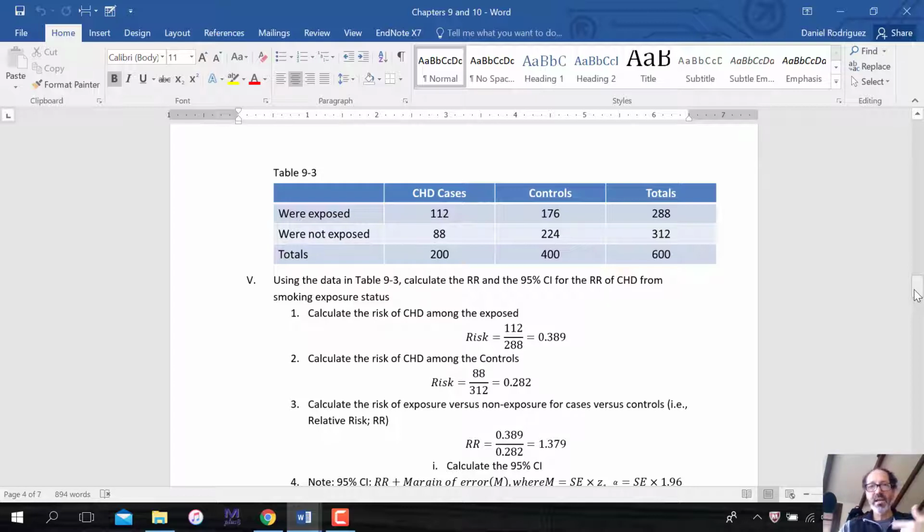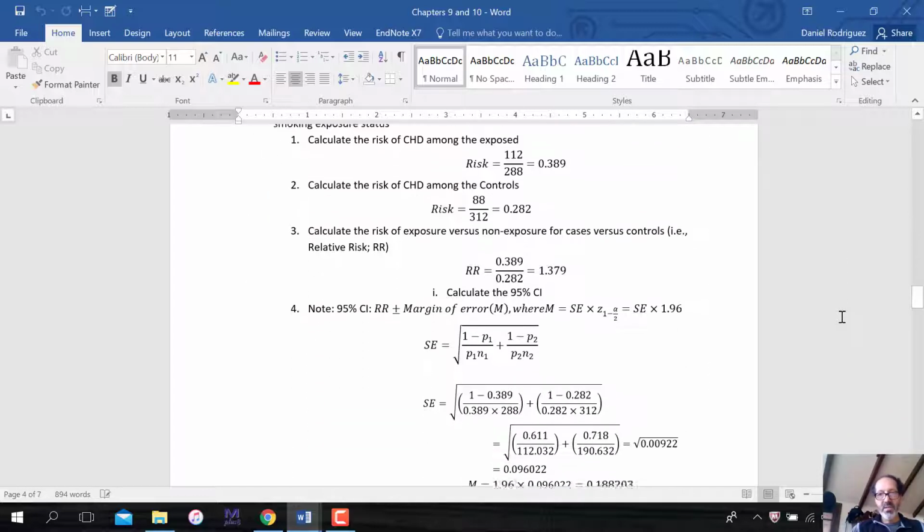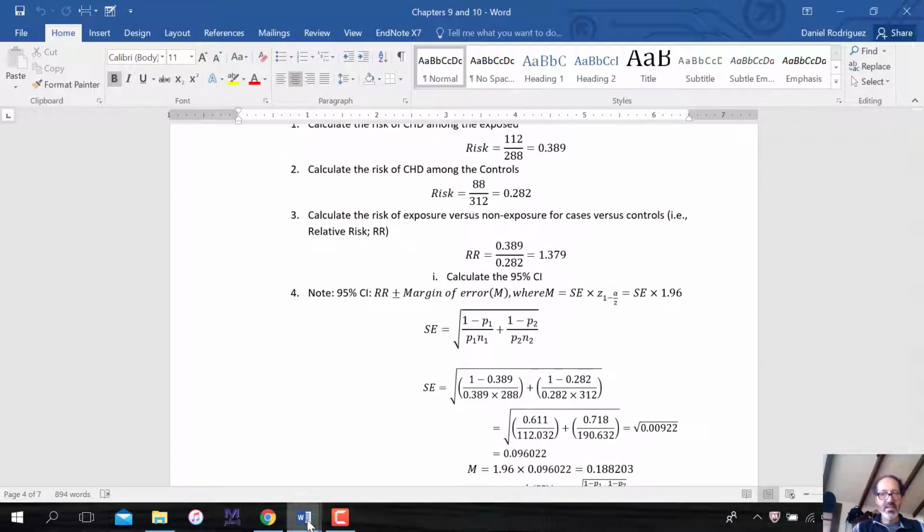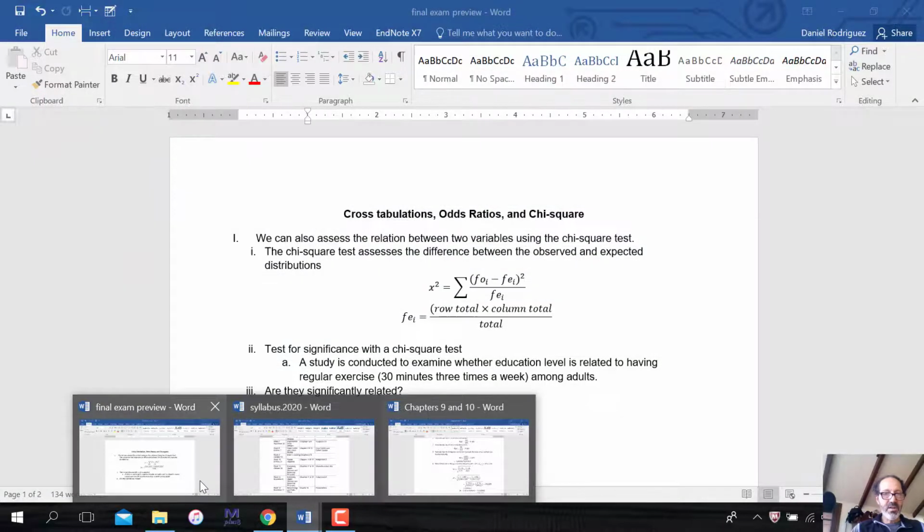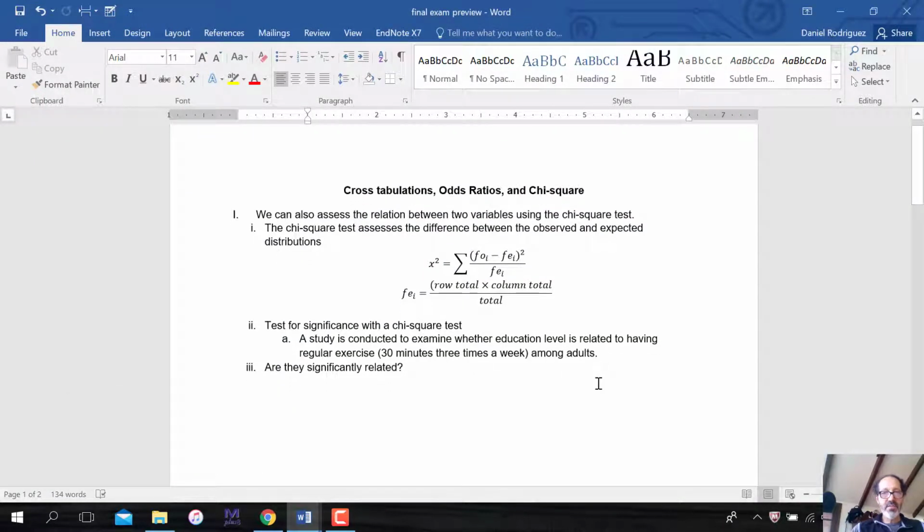But if you want to be eligible for the extra credit, you can do the Chi-Square. Since statistics follows this course next semester, you can do that next semester because we will be covering the Chi-Square in detail. All right, so let me go to our exam preview, and here I'll introduce the Chi-Square first, but I'll just go over everything.